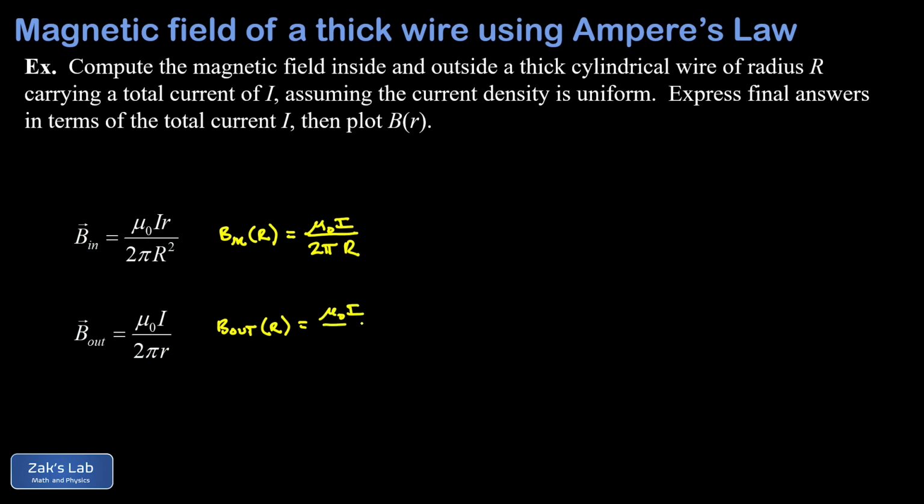It's going to be mu naught I over 2 pi big R. So we expect in our graph that we have linear growth followed by this 1 over r asymptotic behavior, and the magnetic field is continuous at the interface.